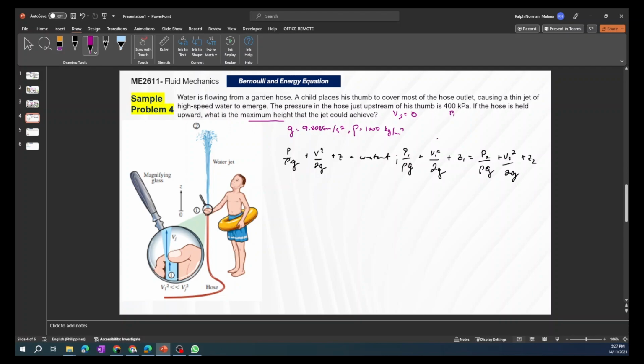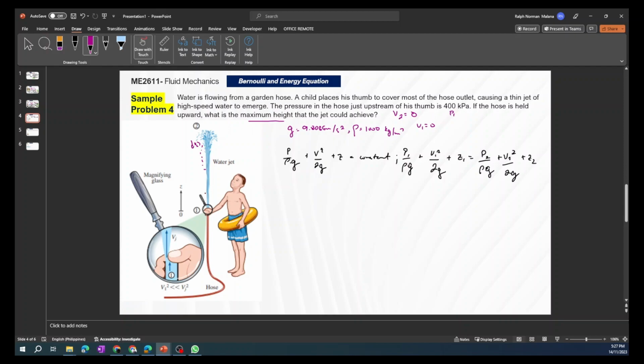And we know very well also that at point 1, we can assume the velocity inside the hose is relatively low, and we take the elevation just below the thumb. So we can assume that V1 is going to be 0, since we're starting our reference point from here, where the velocity starts to increase. And then somewhere along the way, the velocity starts to decrease further.